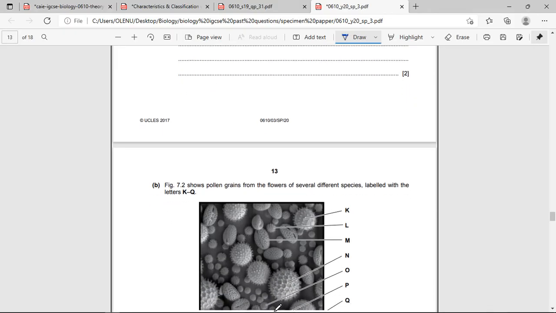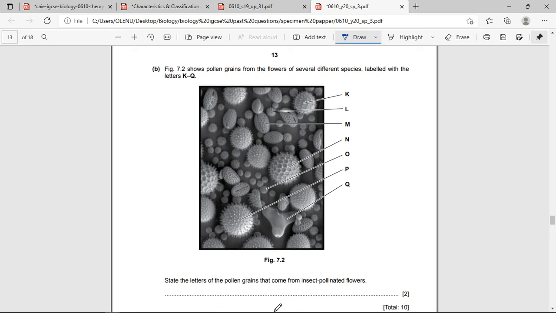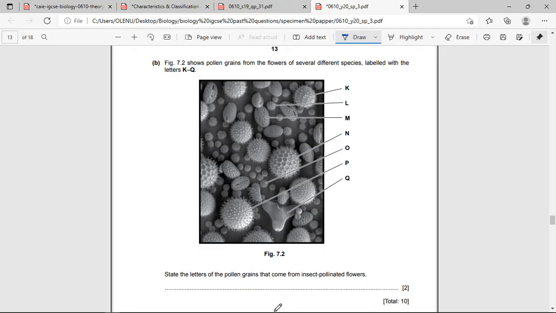Then next. Figure 7.2 shows pollen grains from the flowers of several different species, labeled with letters K to Q. State the letters of pollen grains that come from insect-pollinated flowers. N is insect pollinated because it will hook to the insect. K should be insect pollinated too.